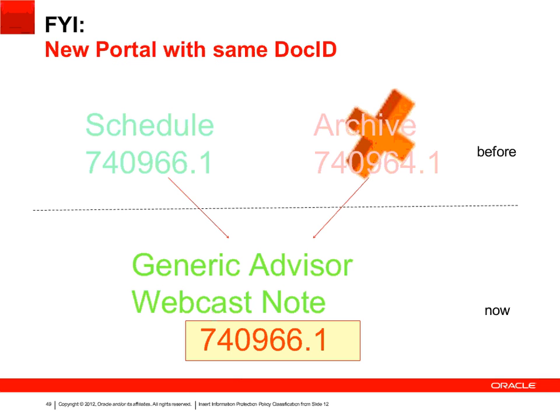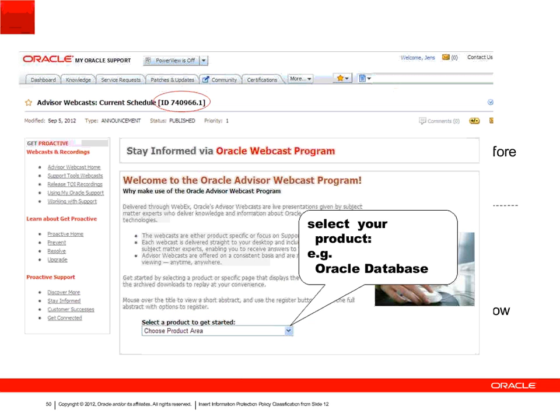This is just a reminder that the current Advisor Webcast schedule and archive recordings can be found on our new portal, and the doc ID number is listed there, 740966.1. Here's a look at the new portal. Welcome to the Advisor Webcast program. To get started, select a product area from the drop-down list box.